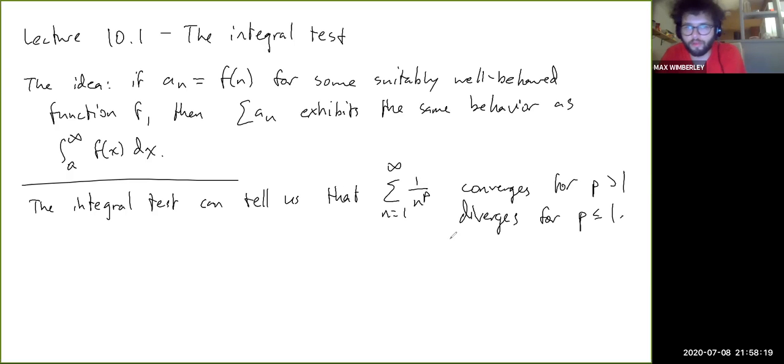This is important because it's useful to be able to take for granted which of these series converge and which diverge, since we end up using them a lot in things like the comparison test.